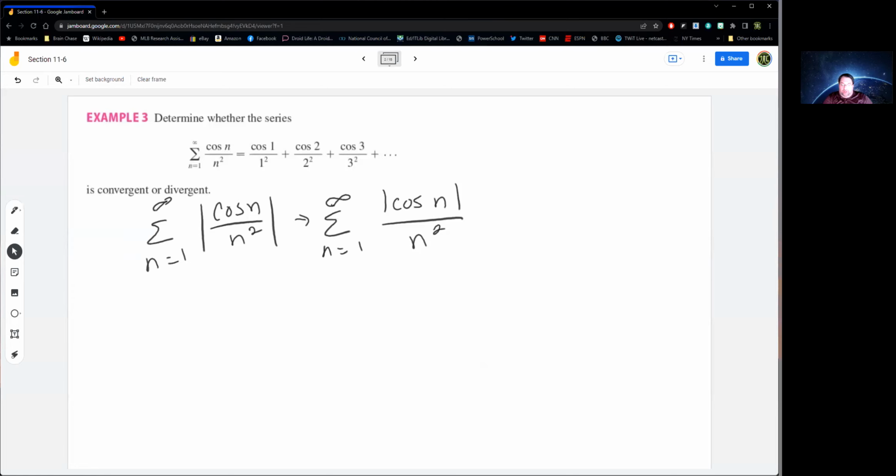So I know that the absolute value of cosine of n has to be less than or equal to 1. We know that's always true. So I can take this and compare it to 1 over n squared. And I know this value here always has to be less than or equal to that.